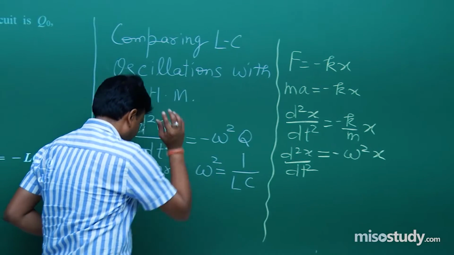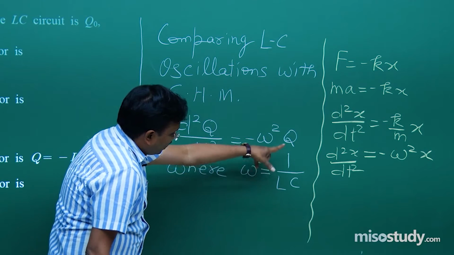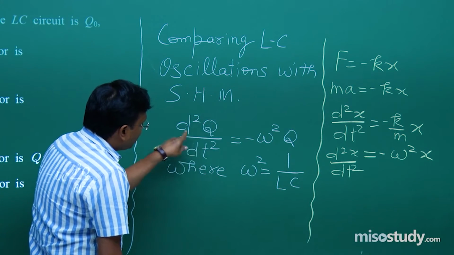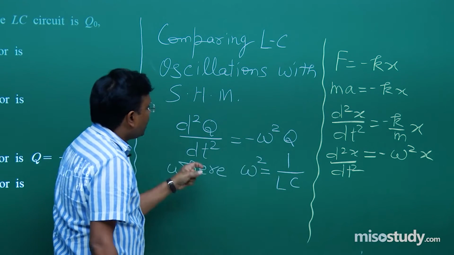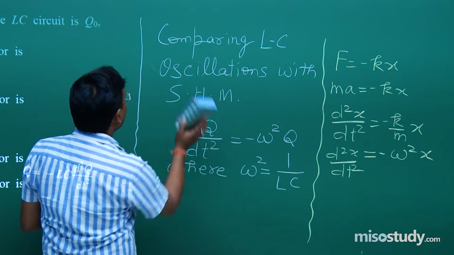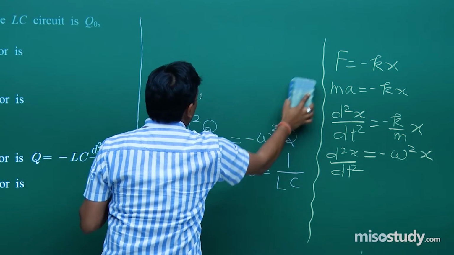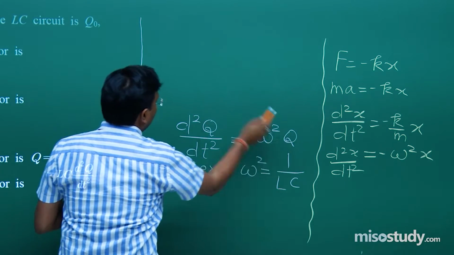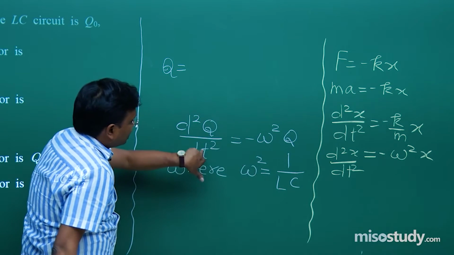Fine. So now omega square is equal to 1 upon LC. So what I can say? I can say Q is equal to minus LC d2q upon dt square. So let's erase this portion and write down this term. What is this term? That term is this Q is equal to, now transfer these terms over here.